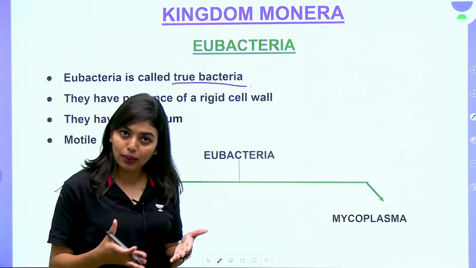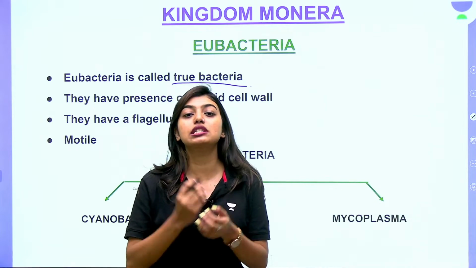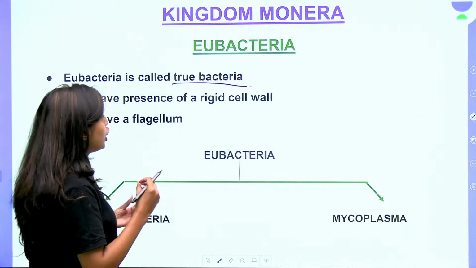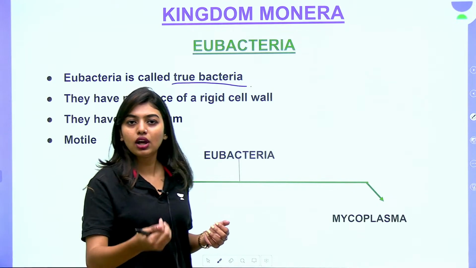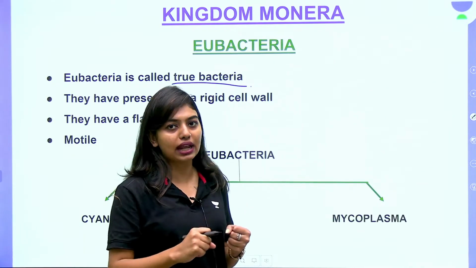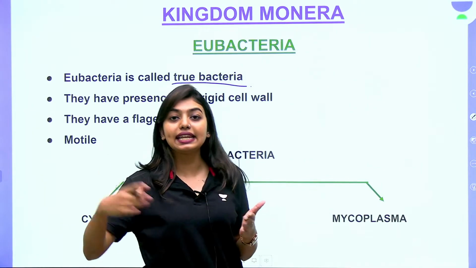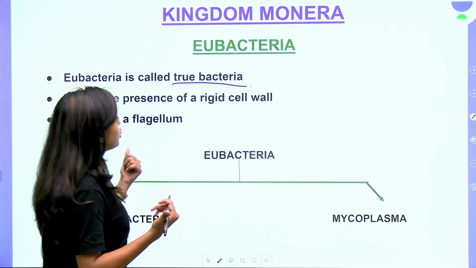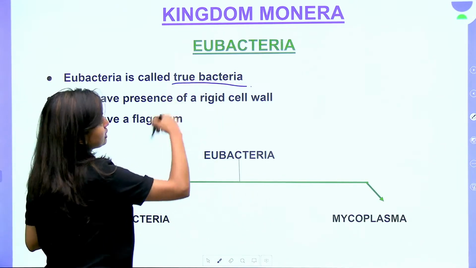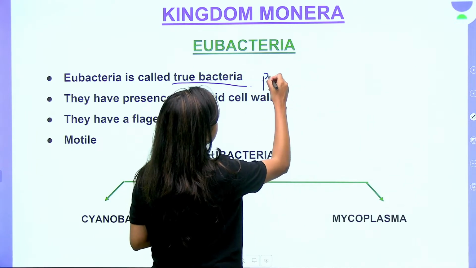But Eubacteria have a proper cell wall made up of peptidoglycan. Peptidoglycan is very rigid. When we studied kingdom Monera, I told you how strong peptidoglycan is. That is the reason why bacteria are able to withstand any extreme condition. So Eubacteria are called true bacteria because of the presence of peptidoglycan.